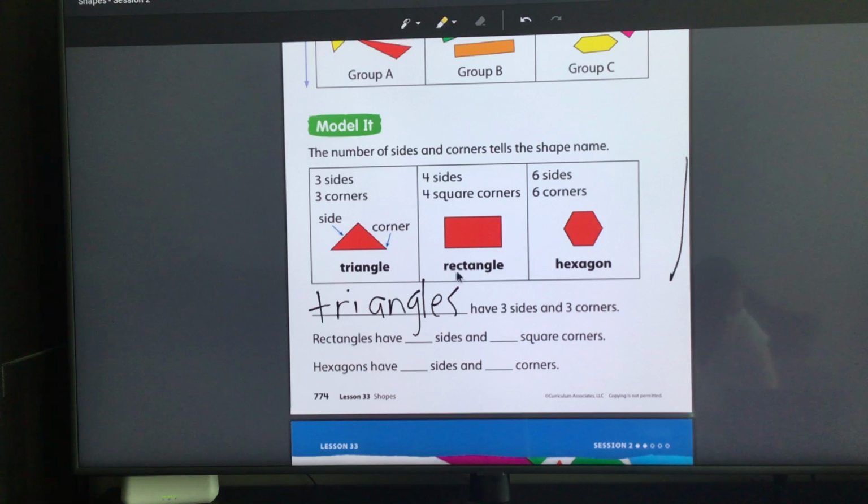So right here you can see it says rectangle, and up here it shows you that they have 4 sides and 4 square corners. So rectangles have 4 sides and 4 square corners. Hexagons have blank sides and blank corners. So right here it shows us that hexagons have 6 sides and 6 corners.